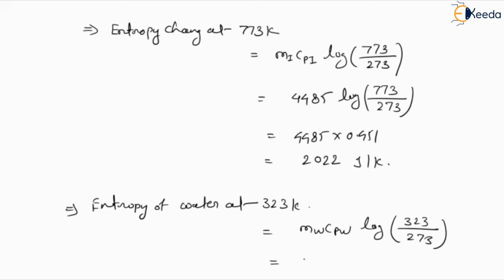MW we have 15, and CPW is 4186, log 323 divided by 273. So the final value of this is 4513 joule per Kelvin. So this value we have as the entropy of water at 323 Kelvin.